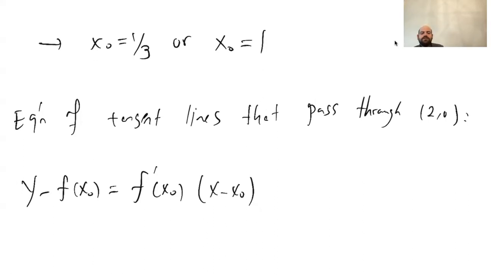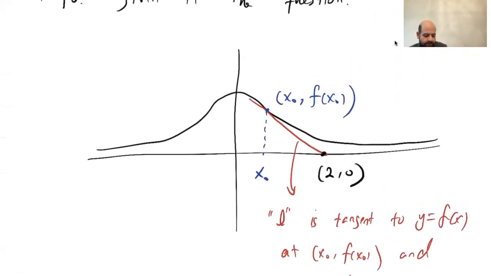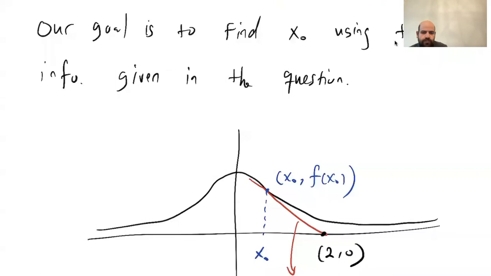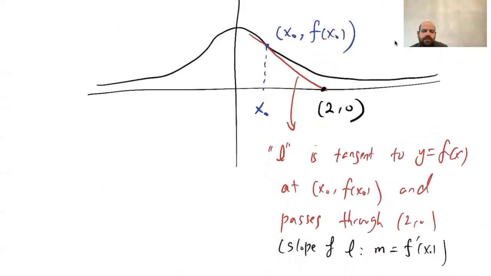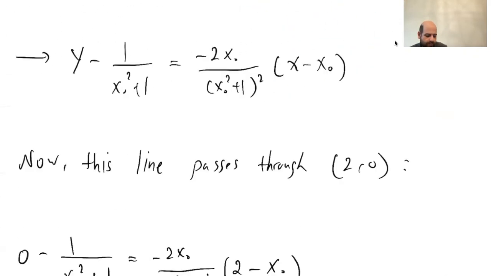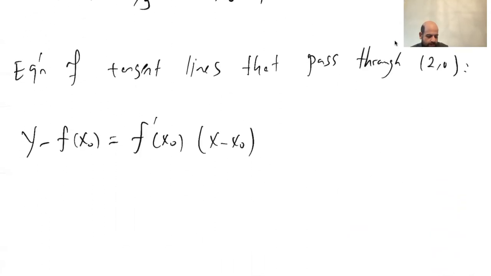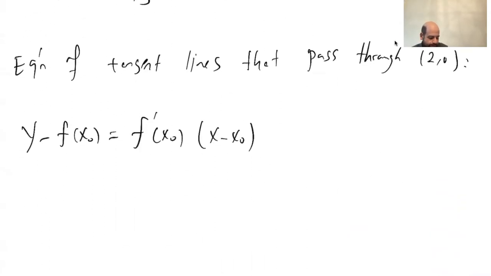The equation of the line is y minus y0 equals m times x minus x0. But y0 can be replaced by f of x0, right? Y0, you can also see in the graph. Y0 of the point is f of x0, and the slope is f prime of x0. So that's what I did here.